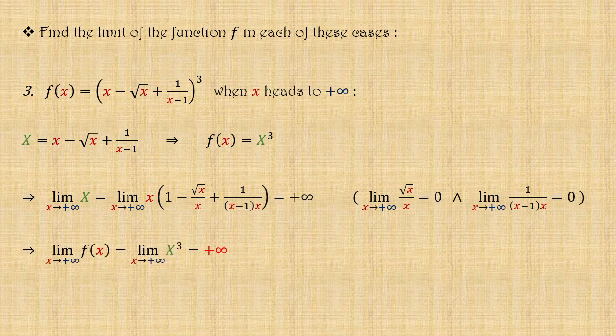Therefore the limit of our function f(x), when x heads to positive infinity, would be equal to the limit of capital X to the power of 3, when x heads to positive infinity, which equals positive infinity.